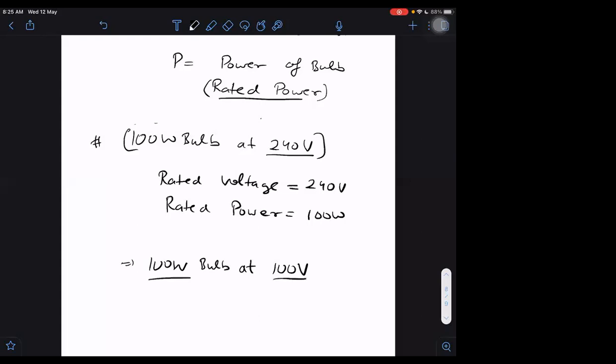Then they may specify this, because it is not a normal bulb which you are going to use in your home. It is used in labs, where we can supply different voltages. So they may specify it exactly: 100 watt at 100 volt. If you change the voltage, obviously the bulb will glow differently.